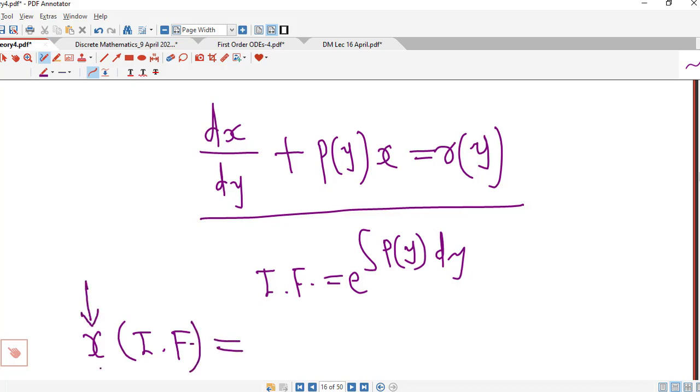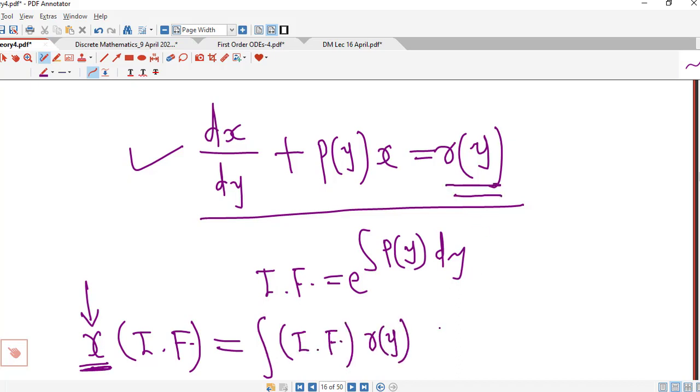Keep in mind, here we are writing that variable which is the dependent variable for our equation. So in this equation x is the dependent variable, therefore we are writing x here. This is equal to the integrating factor times the right hand side, integral with respect to y plus c. Here the integral is with respect to the independent variable which is y here. So we are considering here dy.